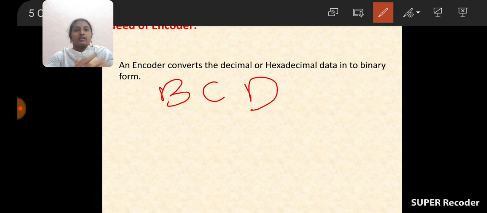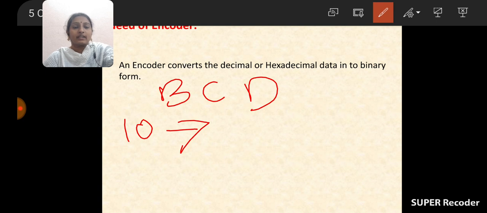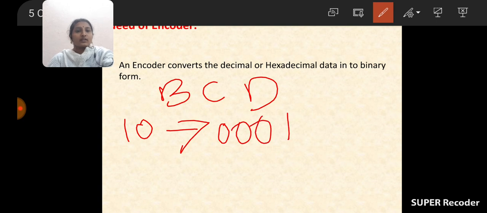For example, what is the equivalent of decimal 10 in binary coded decimal? Here we write 0001 0000. This is the BCD equivalent.